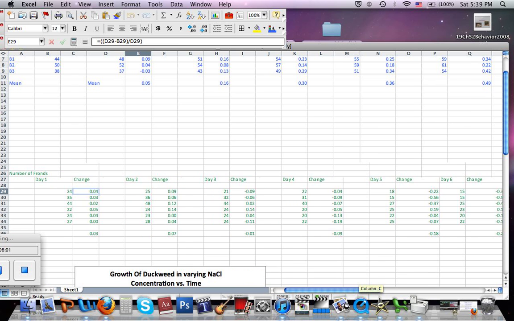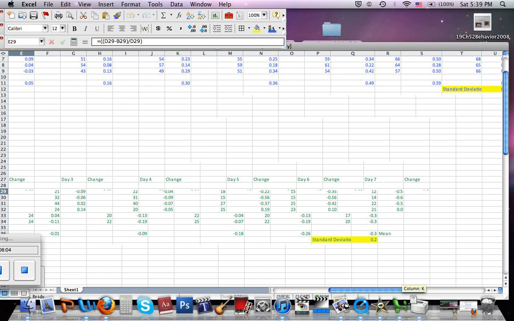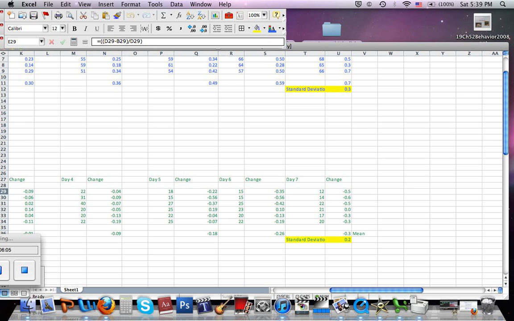And don't be afraid if you get negative numbers here, because it's just an indication that you had a decrease in growth rate. You can see here on day 7, I have a mean of negative 0.3 and a standard deviation of 0.2. Now this is somewhat tricky because you have a negative number here, so you have to go back to adding and subtracting negative numbers.